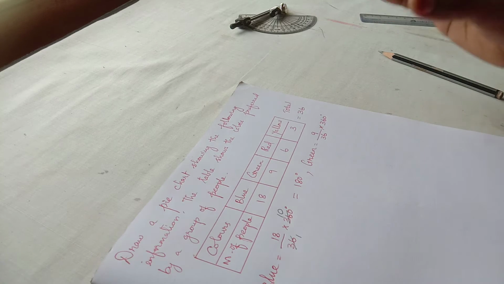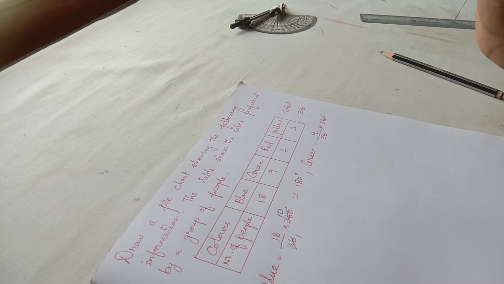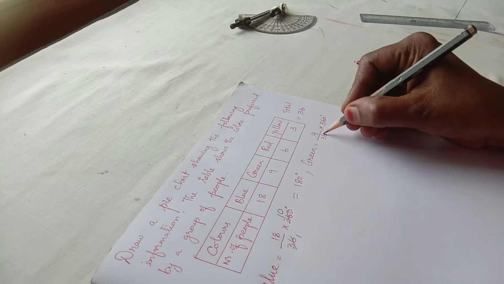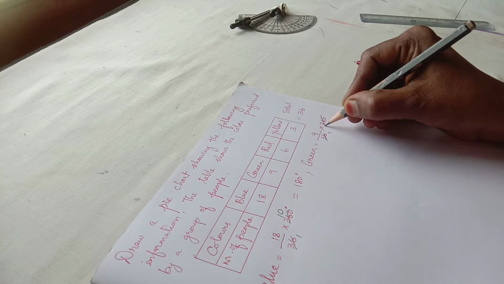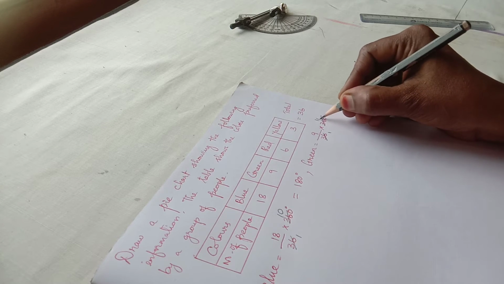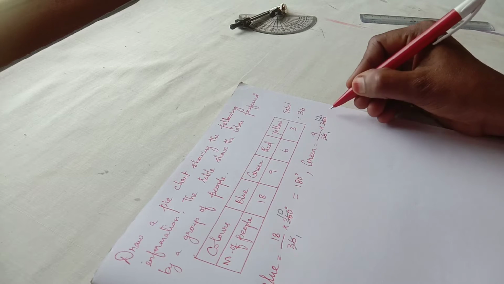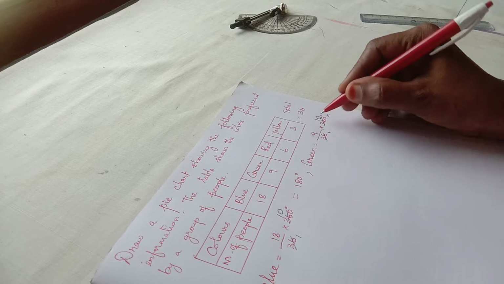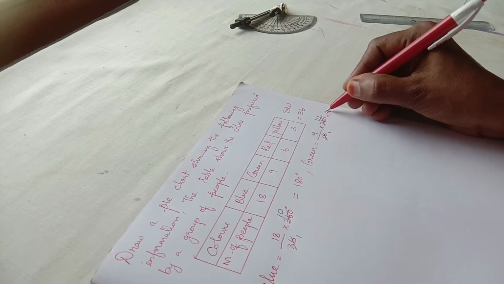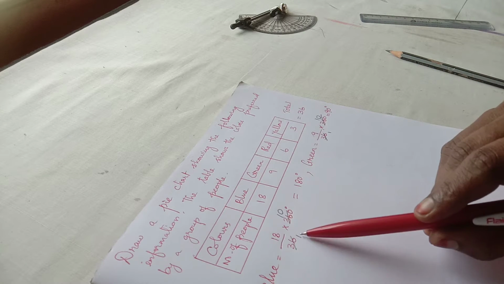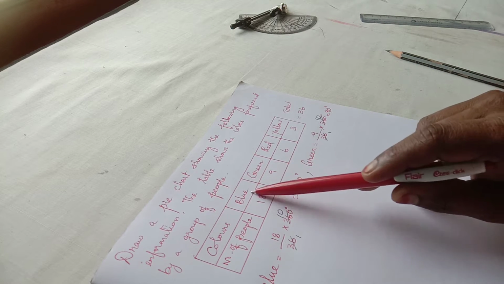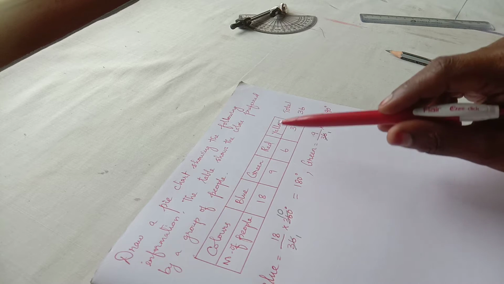Each fraction is to be multiplied by 360 degrees. As usual, one time 36, and 10 times here. So now let's multiply the numerators: 9 into 10, 90 degrees. So now we found the central angle for blue color and the central angle for green color.